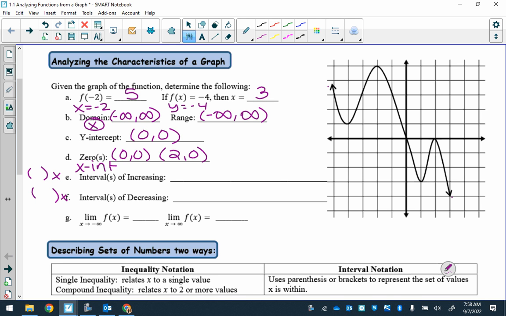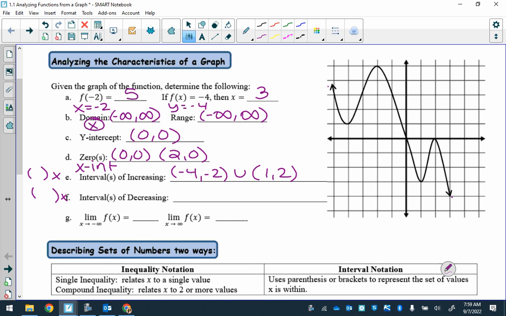Okay. So what are the intervals of increasing? Go ahead, Liz. Good. Okay. Negative 4 to negative 2. The u means it's also occurring. Okay. 1 to 2.